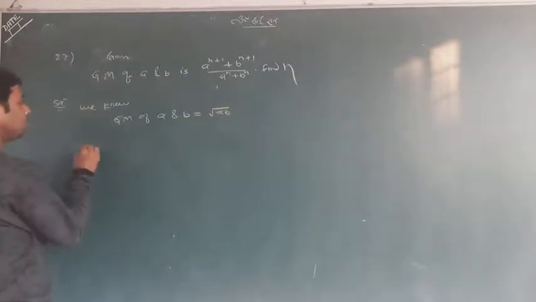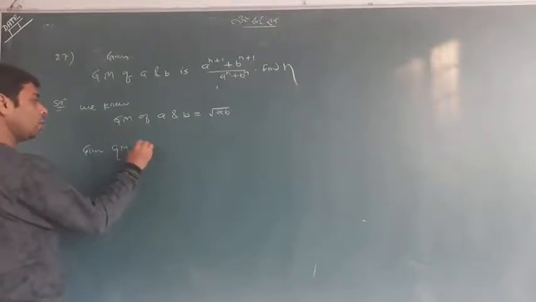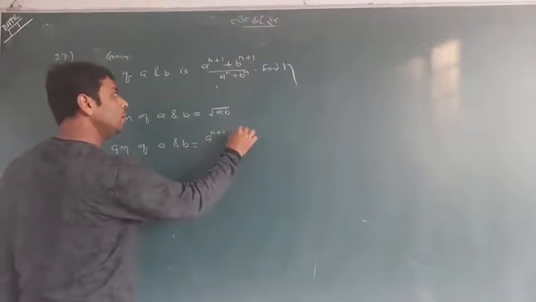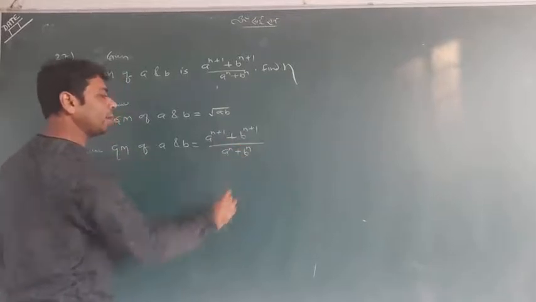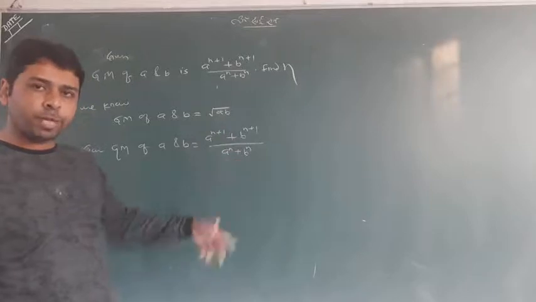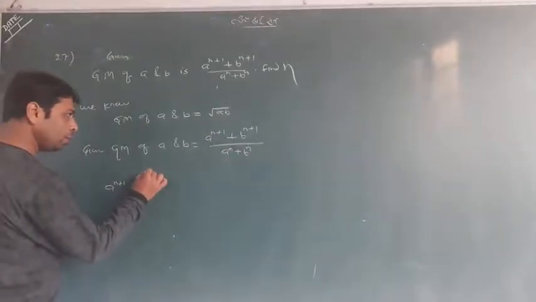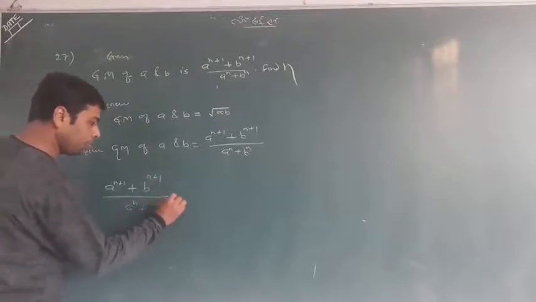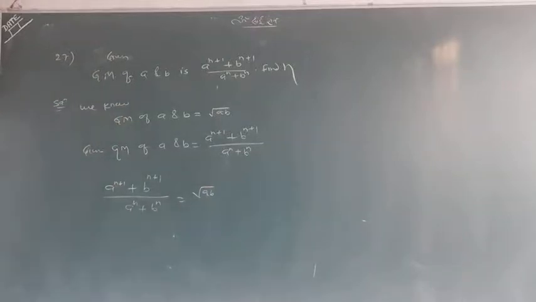And given that geometric mean of A and B is a to the power n plus 1, b to the power n plus 1 upon a to the power n and b to the power n. Now this is what we know and this is given, so both will be equal. So we write them equal. A to the power n plus 1, b to the power n plus 1 upon a to the power n, b to the power n equal to root over ab. This is the thing which we have obtained.